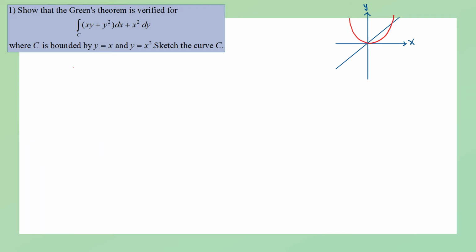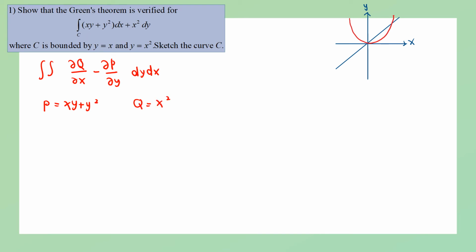Now we are going to solve the right hand side. You know that the right hand side is equal to the double integral of del q over del x minus del p over del y, dy dx. First of all, you need to know what is p and what is q. Based on the previous step just now, we know that p is equal to xy plus y squared and q is equal to x squared.